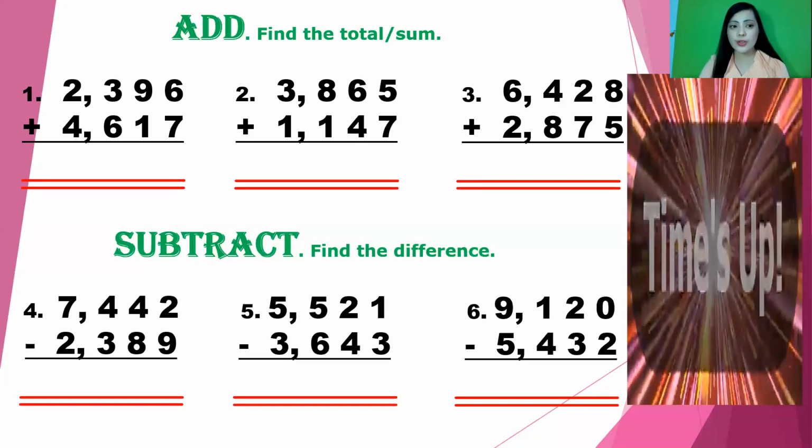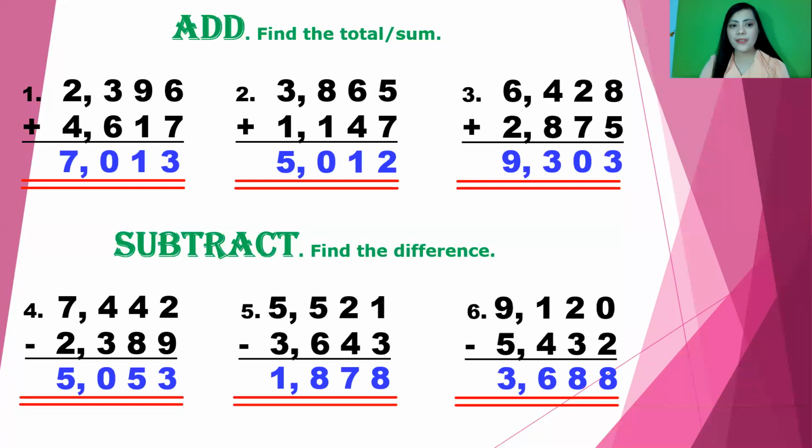The correct answers are right there. So number 1 is 7,013. That's plus. Number 2, 5,012. I hope you're correct. Okay, it's just a practice for you, but you have to do it by yourself honestly. Okay.